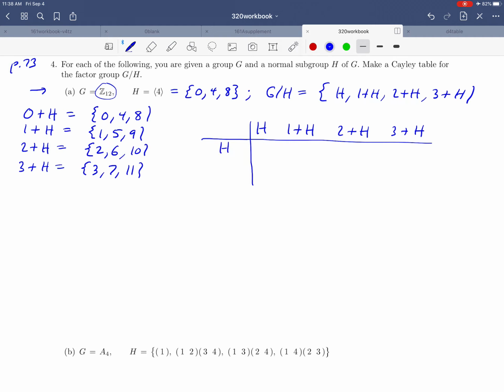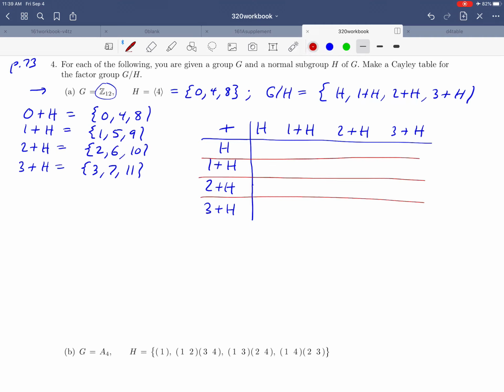And down the row, 1 plus H, 2 plus H, and 3 plus H. Just to remind ourselves, our operation is addition here. To make this a little easier to look at, we may need a bit more space here. Let me move those elements over a little bit.